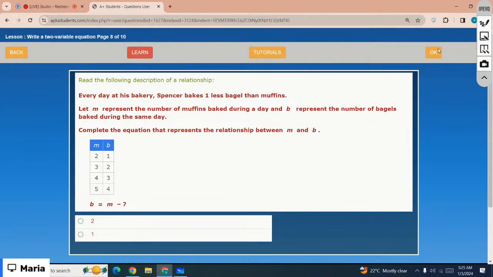Every day at his bakery, Spencer bakes one less bagel than muffins. Let M represent the number of muffins baked during a day, and B represent the number of bagels baked during the same day.